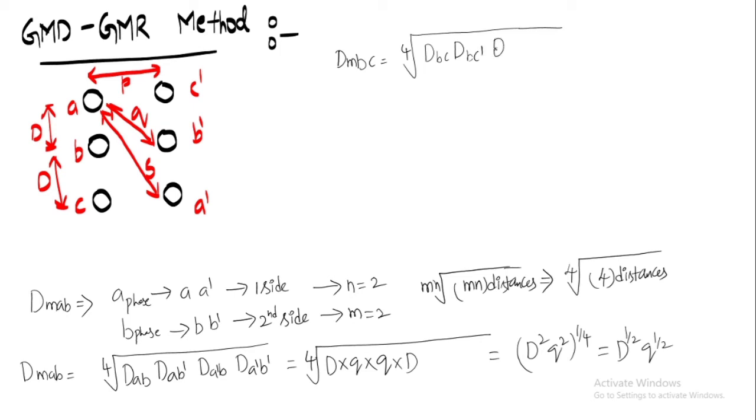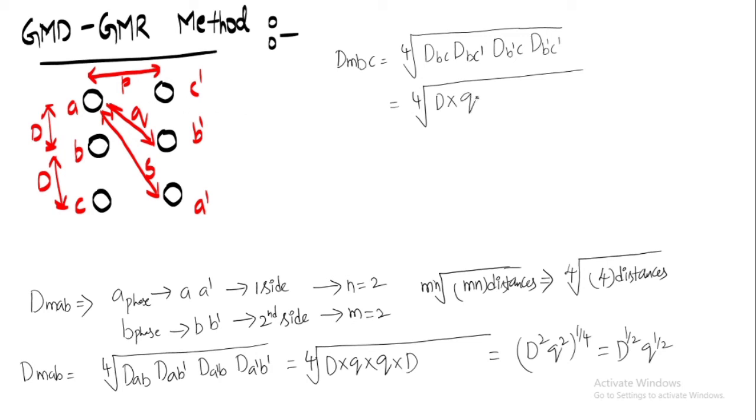B completed. Next go to B dash. So B dash to C, D, B dash to C dash. Now it is fourth root of, what is B to C distance? B to C distance is D. So D into B to C dash. It is the smallest diagonal.